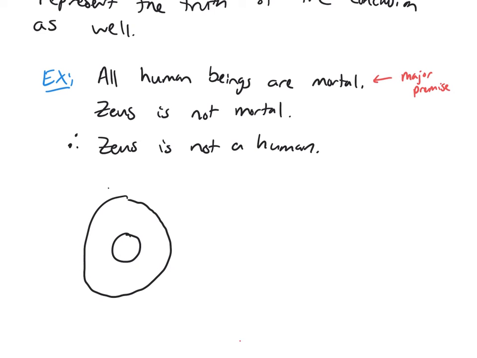And on the outside would be mortals, and the inside would be human beings. Because all human beings are mortals, the human being circle would have to be inside of the mortal circle. So again, this is the major premise. Drew a picture diagram for that one.